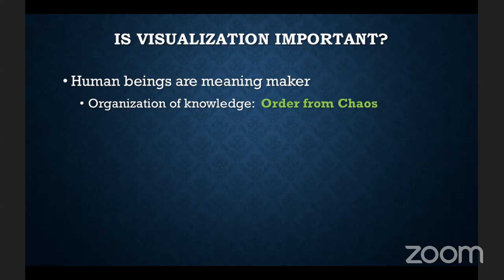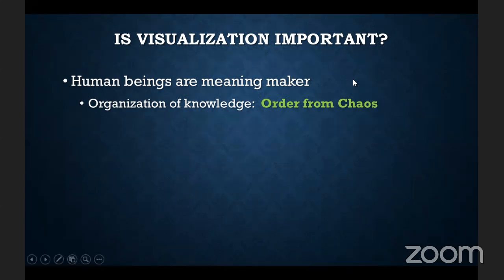See, we are human beings, and it is our very inherent nature that we try to organize everything, and of course our knowledge, into order from chaos. Suppose you are gathering lots of information throughout the day and throughout your life, and those are making a chaos in your brain.